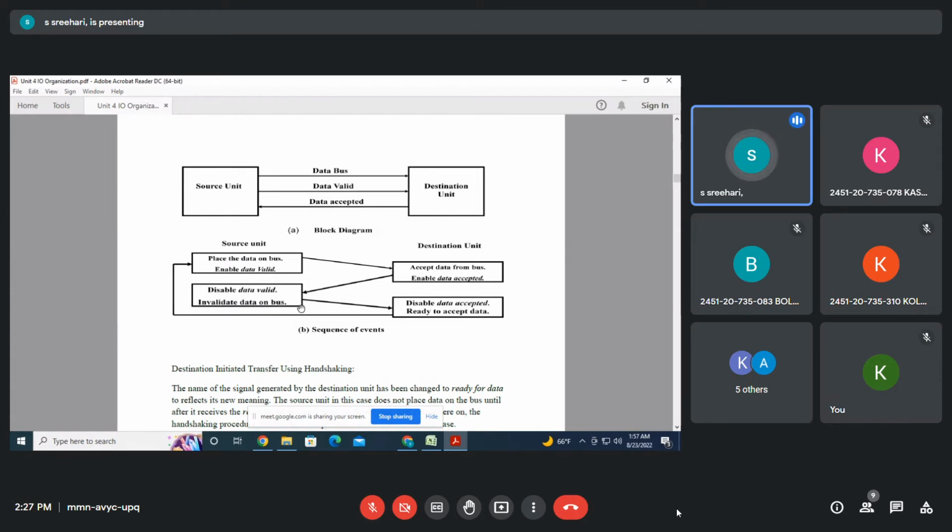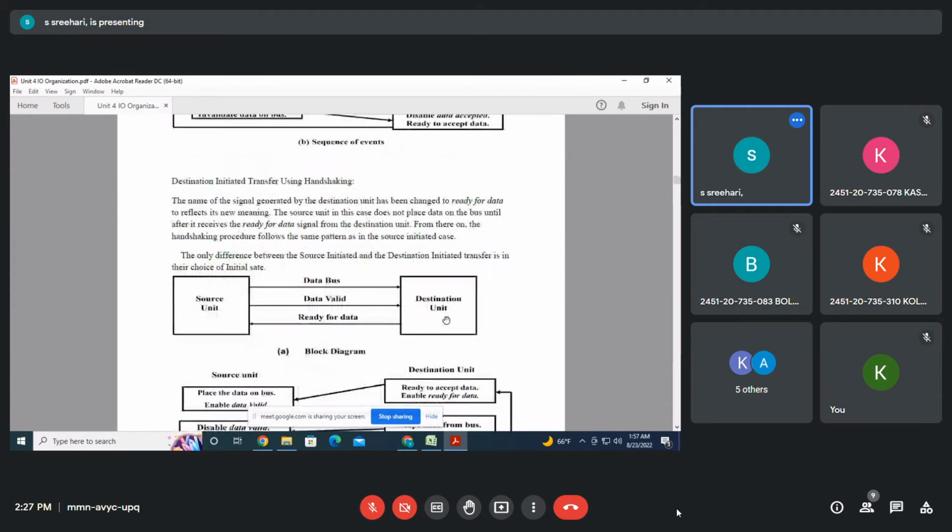This is how we acknowledge through the data accepted signal. Then data accepted is disabled, ready to accept new data. Like that, it receives an acknowledgement of whether the data is received or not. That is the source initiated handshaking process.